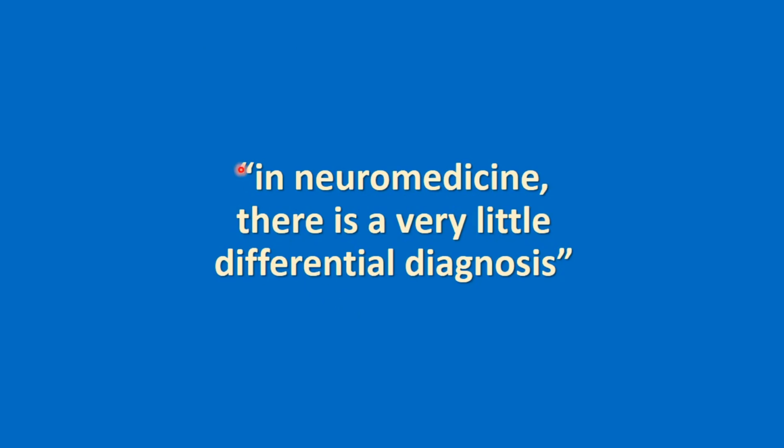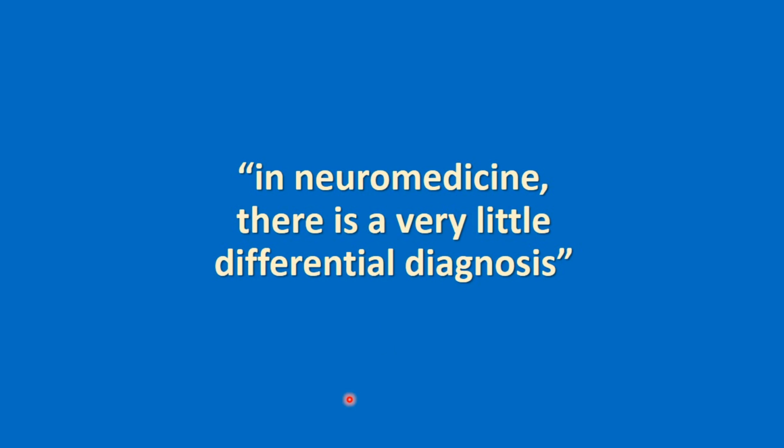Now, they say that in neuromedicine there is very little differential diagnosis. What is the meaning of this statement? Let's see. In neuromedicine, or in the central nervous system and even in the peripheral nervous system, every lesion has specific criteria, and it will produce certain signs and symptoms in the patient that could be differentiated from another lesion.